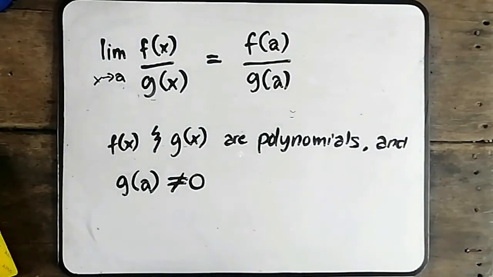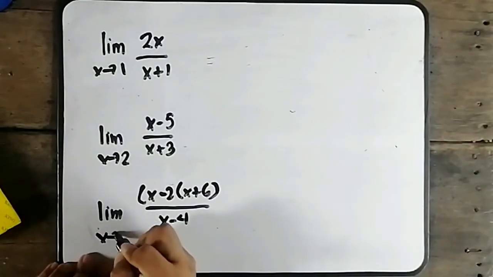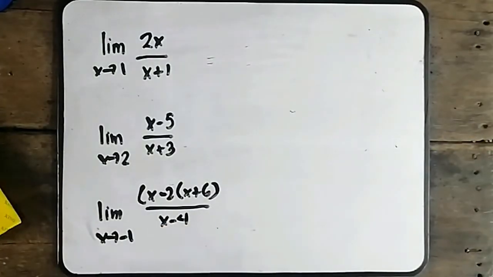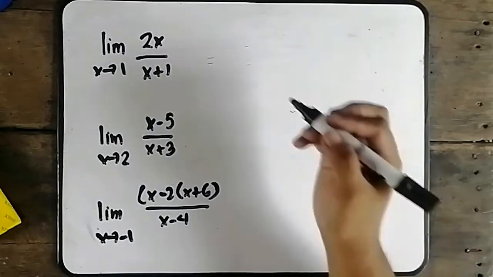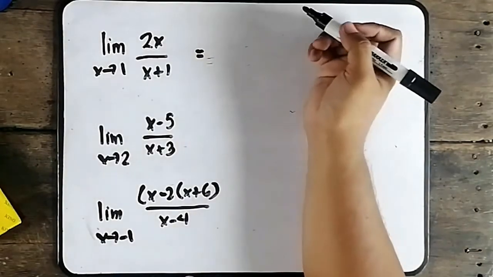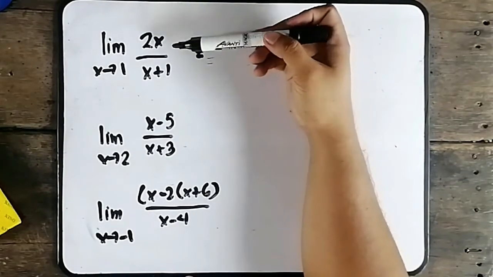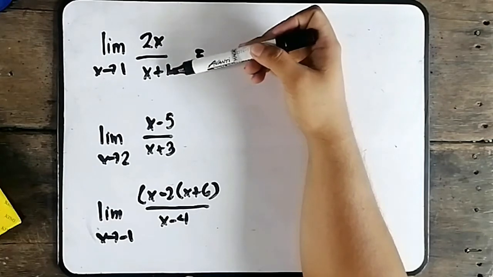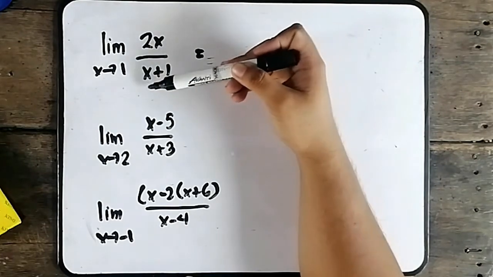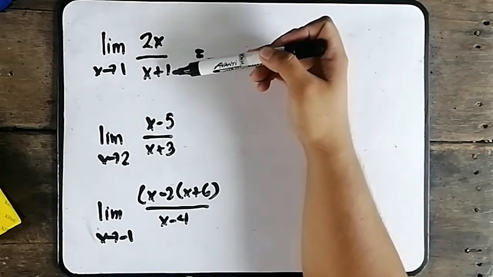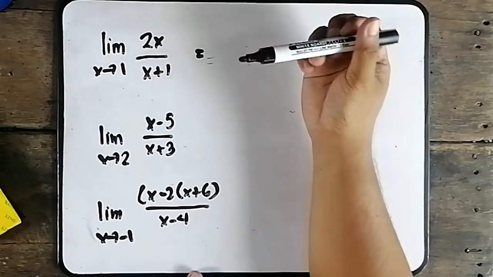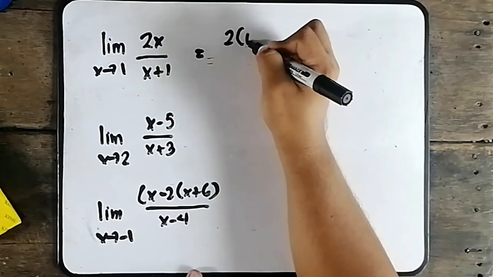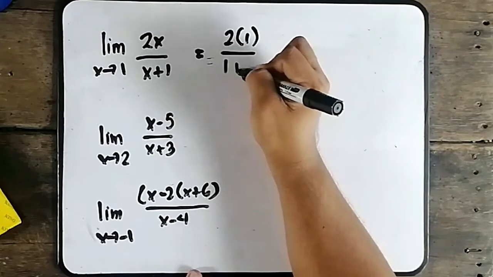So, balikan natin yung example natin. Using our observation, polynomial ito, polynomial din ito, and then, hindi naman ito mag-0 kasi 1 plus 1 is not equal to 0. Therefore, pwede nating ilagay na lang si 1 over 1 plus 1.